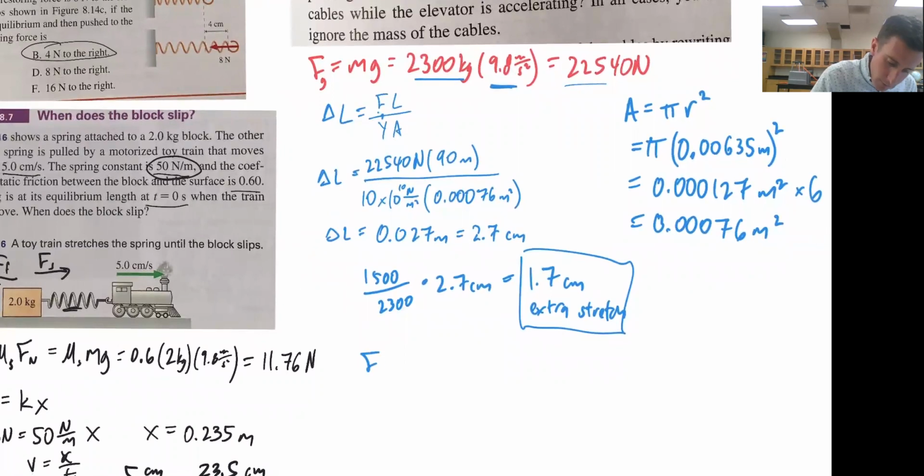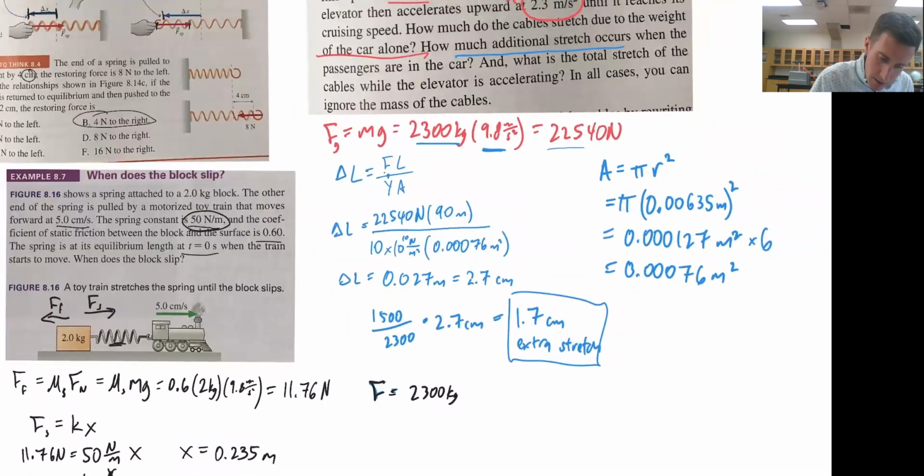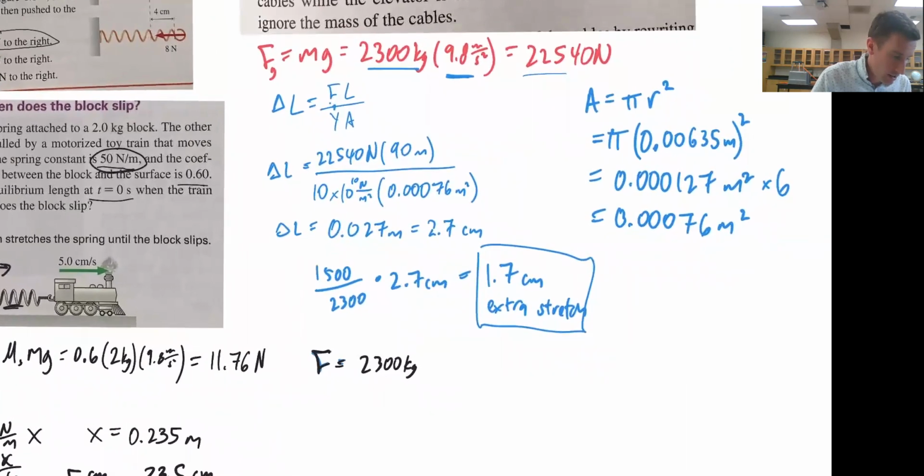So my new force, I'll use a different color, is going to be equal to 2,300 kilograms, I'm going to assume with passengers, right? Be more interesting with passengers. Plus 1,500 kilograms, that's my mass, times my acceleration, which is going to be 9.8 meters per second squared plus 2.3 meters per second squared.